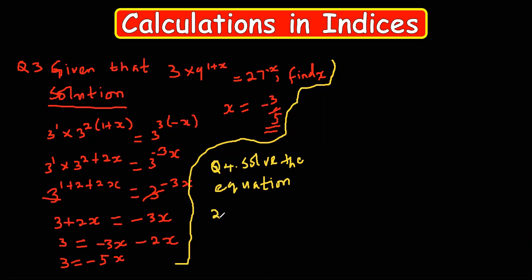2 raised to the power of 2x plus 1, close bracket, minus 9 bracket 2 raised to the power of x, close bracket, plus 4.